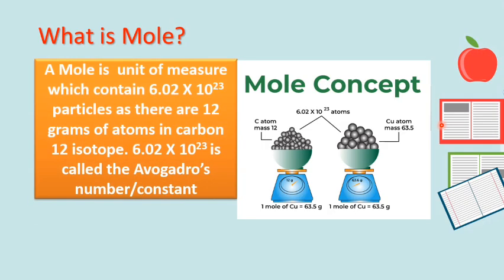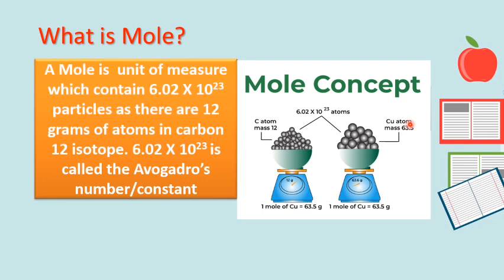Okay, so now let's look at what a mole is all about. A mole is a unit of measurement which contains 6.02 times 10 raised to the power 23 particles, as there are 12 grams of atoms in carbon-12 isotopes. Now what this means is just that a mole is a unit for us to measure in chemistry.